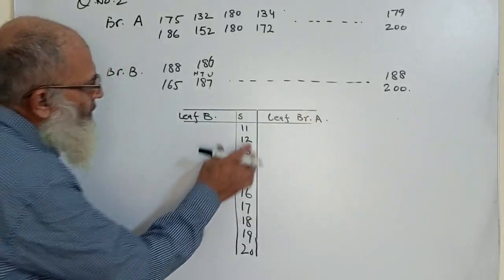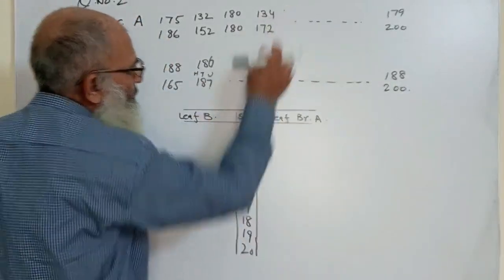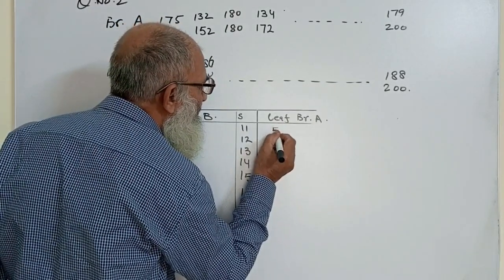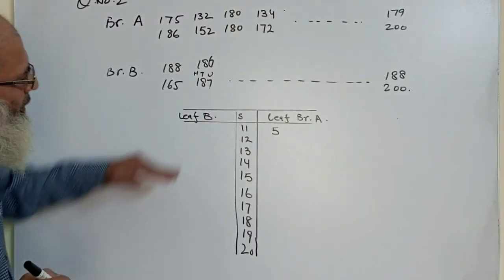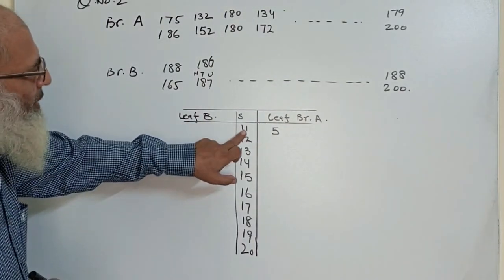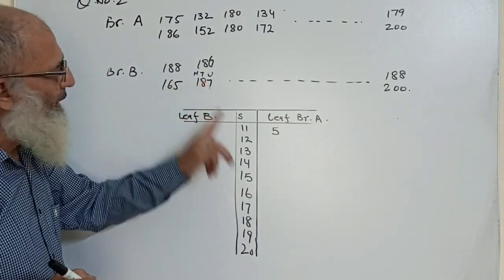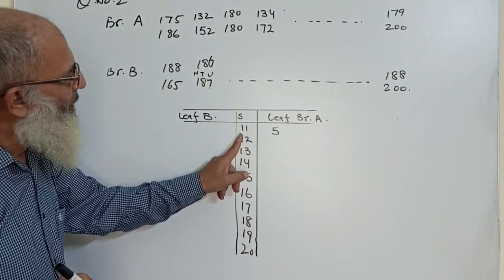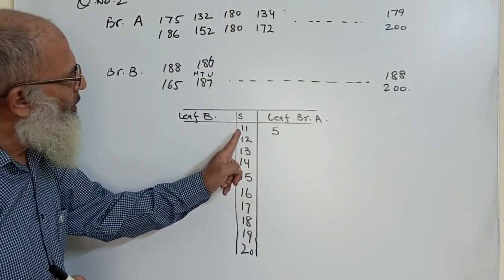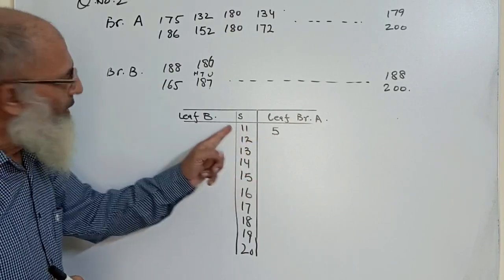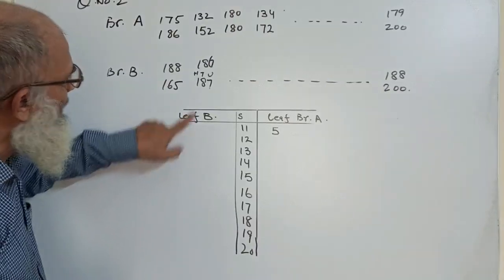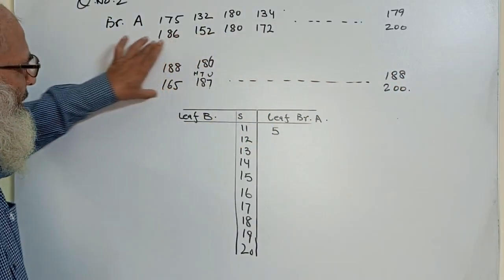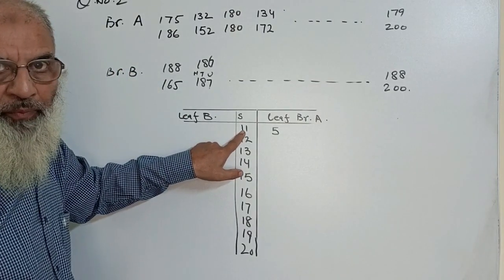Now there is 115 over here. What will we write here? Only 5. There is no data starting from 110 in branch B; this is 100 and this is 10, so 115.